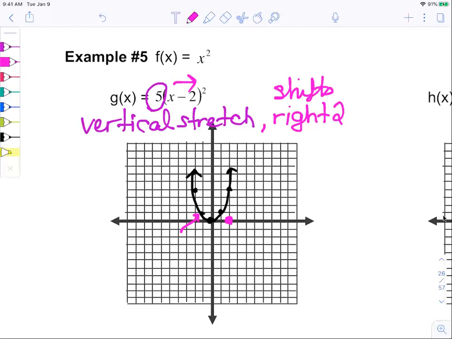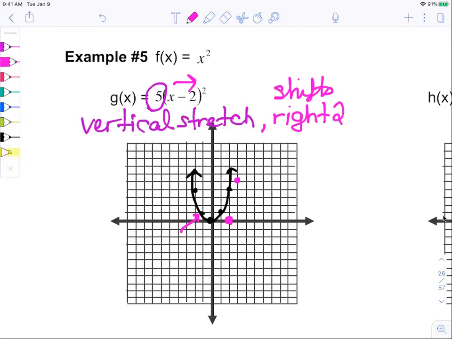But now if I go over 1, 1 squared is still 1, but that 5 stretches my graph. And instead of going up to 1, I have to go up to 5, because I need to multiply my y value by 5. So if it was originally a y value of 1, now it's being multiplied by 5 and it's stretching vertically.